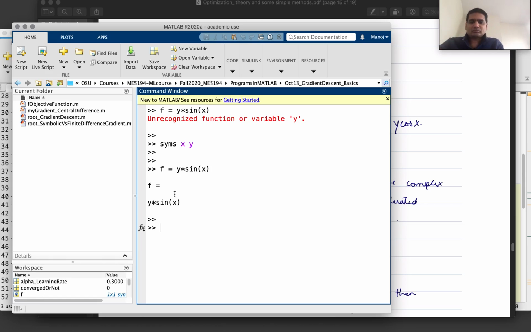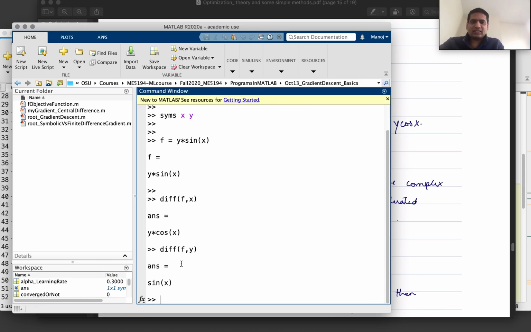Okay. Now we can differentiate f with respect to x, and it gives you this answer, which is the right answer. Now this essentially computes the partial derivative of f with respect to x. Okay, and you can check that that's the correct answer, and then we can do that with respect to y.